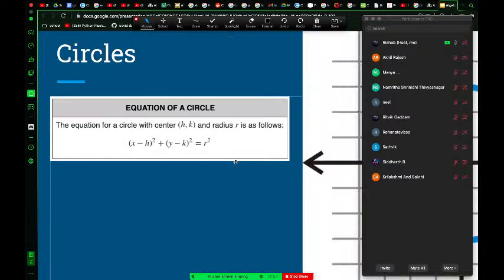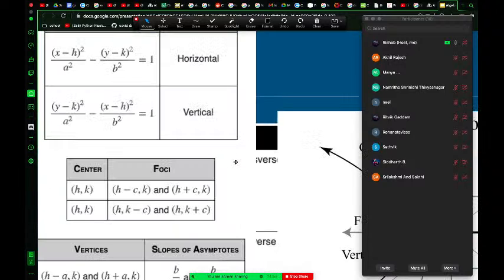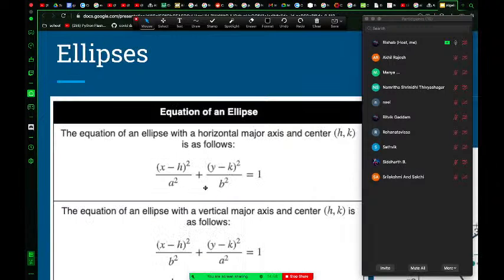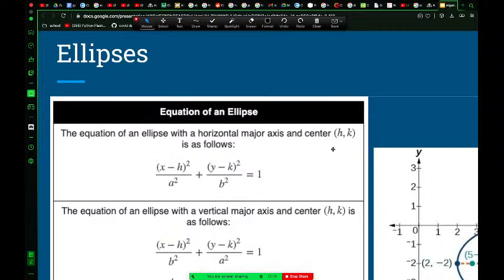Okay, there we go. So this is the equation for an ellipse. It's basically the same, both of these are basically the same thing. And how you find the foci is you have to, well, you have to zoom out.